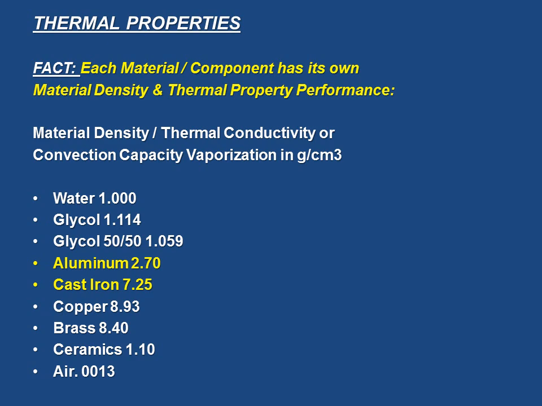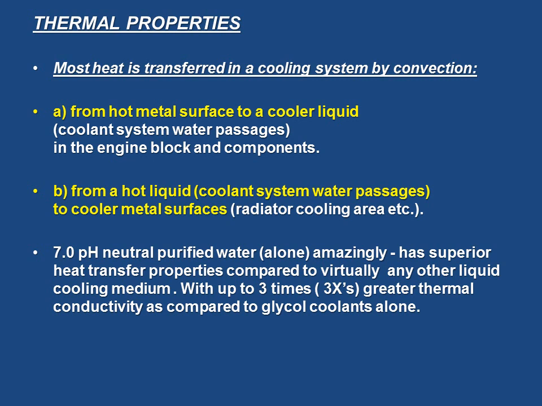Think about it. Now, most heat is transferred in a cooling system by convection from a hot metal surface to a cooler liquid. In other words, the coolant system water passages in the engine block through the components. And from a hot liquid, in other words, the coolant system, to a cooler metal surface or the radiator.